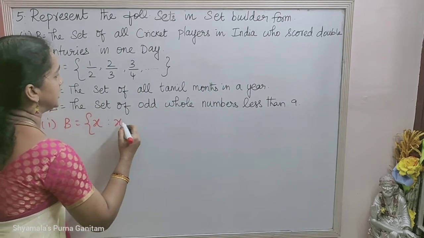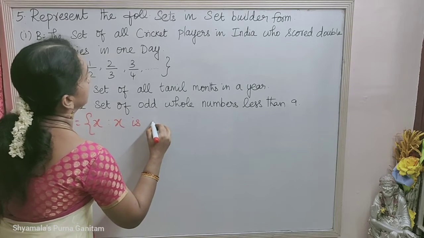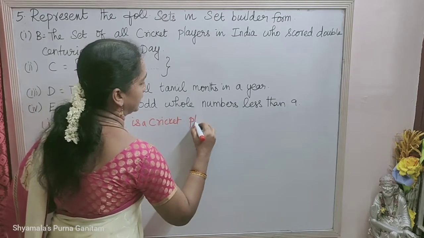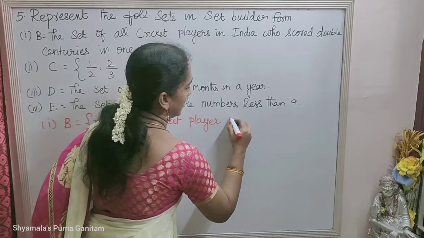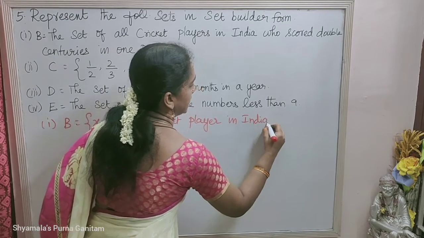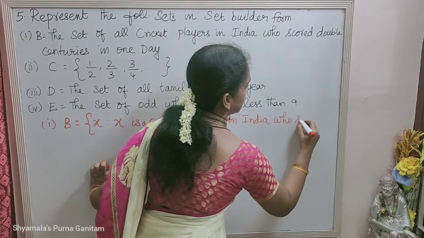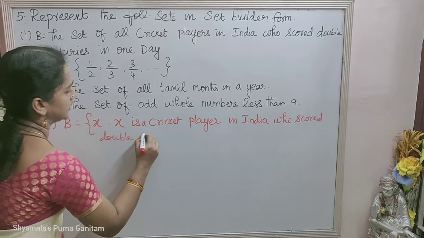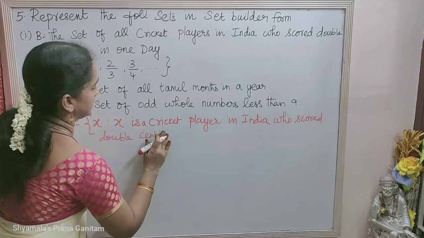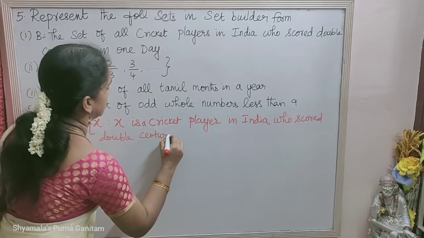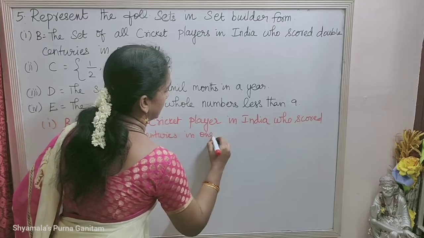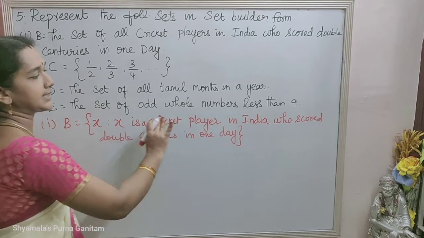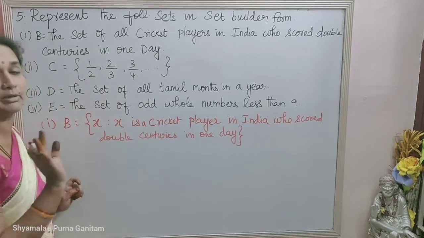So X such that X is a cricket player in India who scored double centuries in one day. You will get as many players as possible.